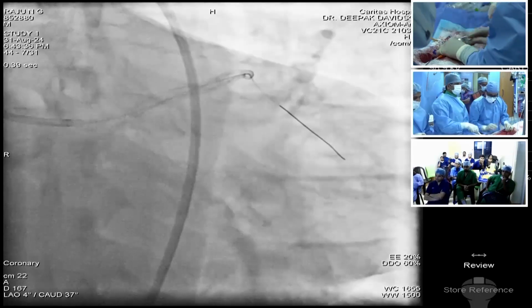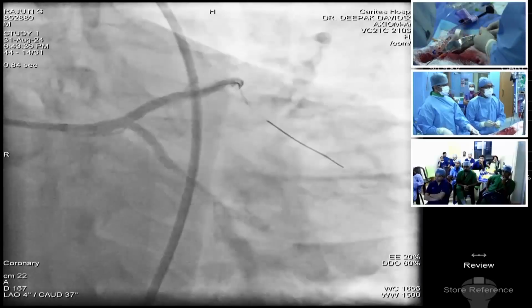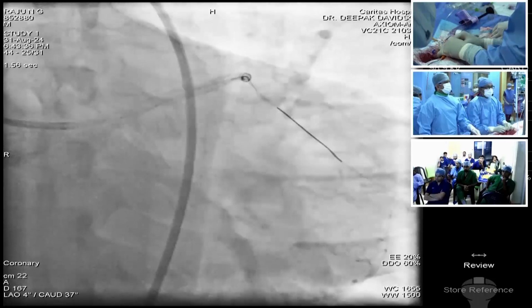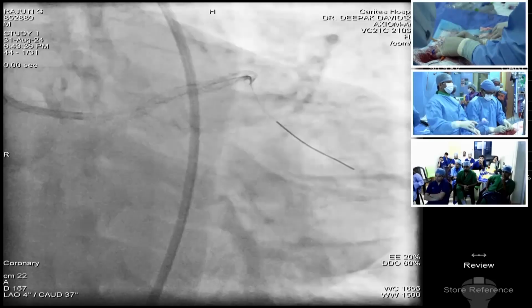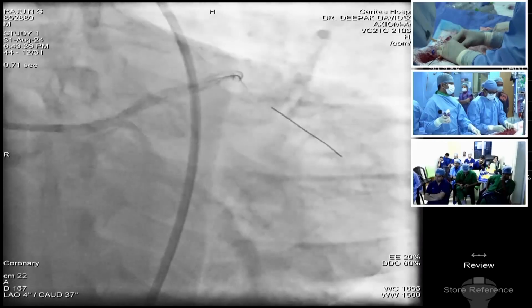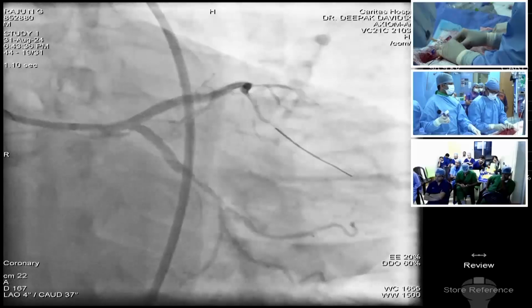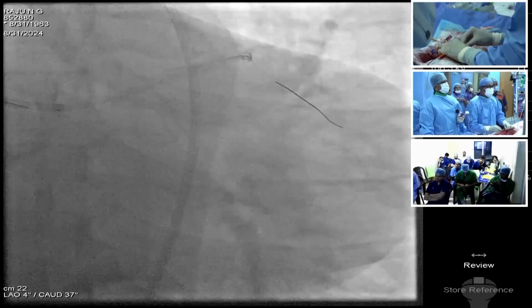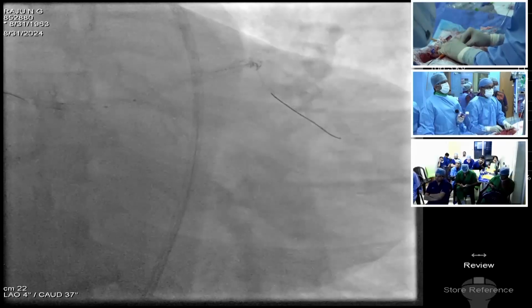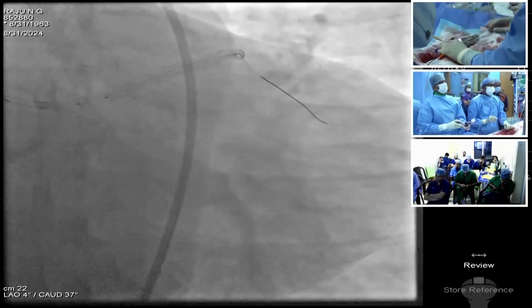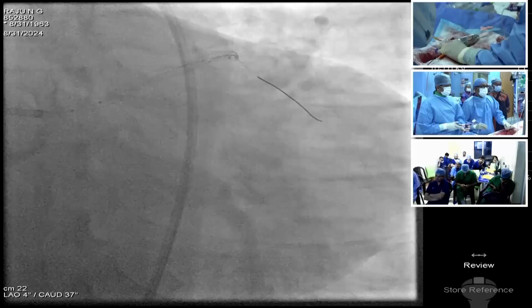Negative. 4.5 into 8, and then we'll recross into the circumflex, do an OCT pullback, then 1.5 balloon, 2 balloon, and 3 balloon. Okay, 14, 16. 14, 16.